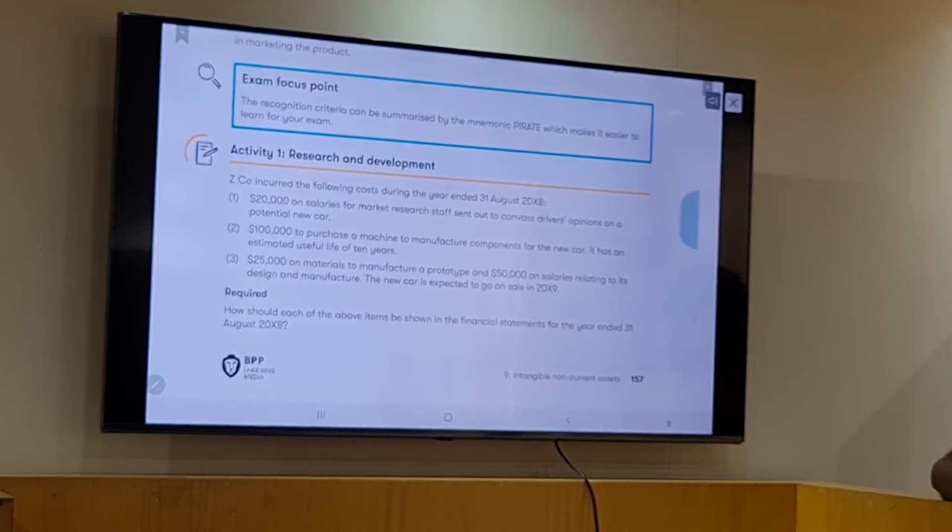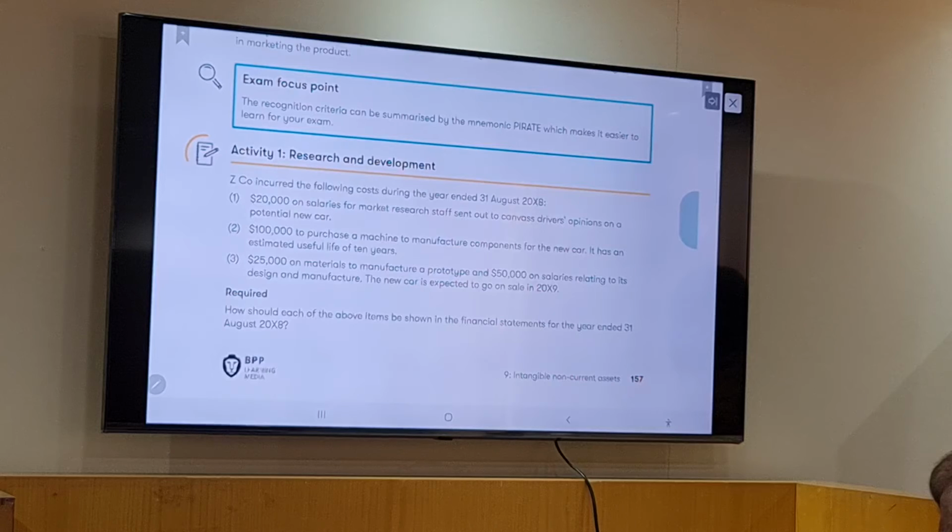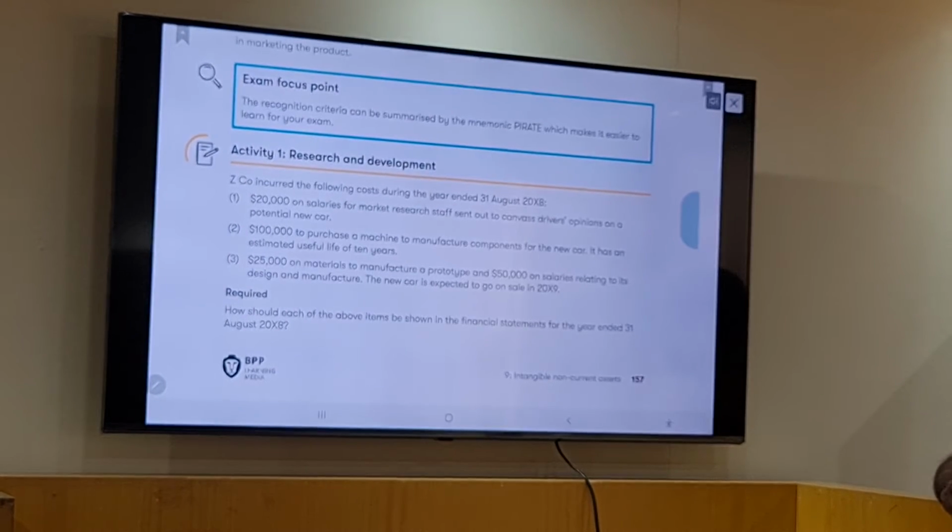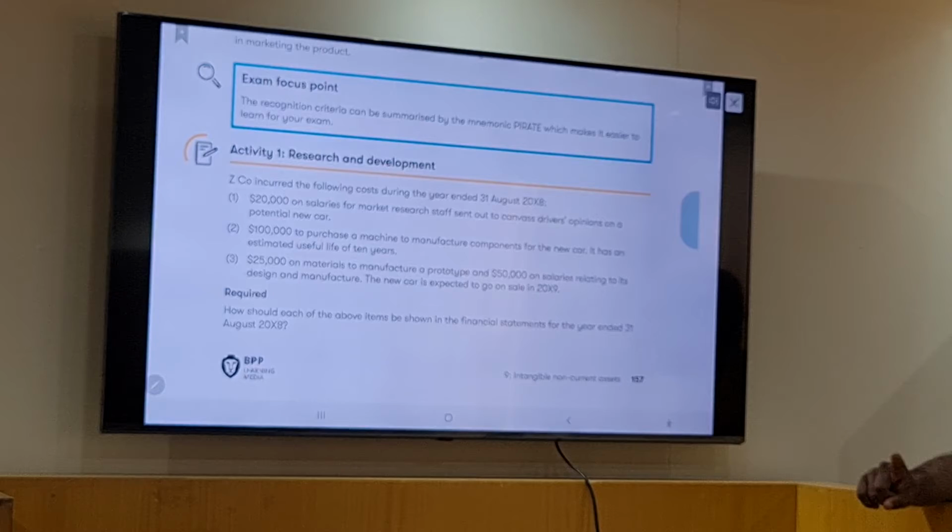Third one. Is it a research? It's a development, right? Then the next question is whether this meets all the conditions or not.